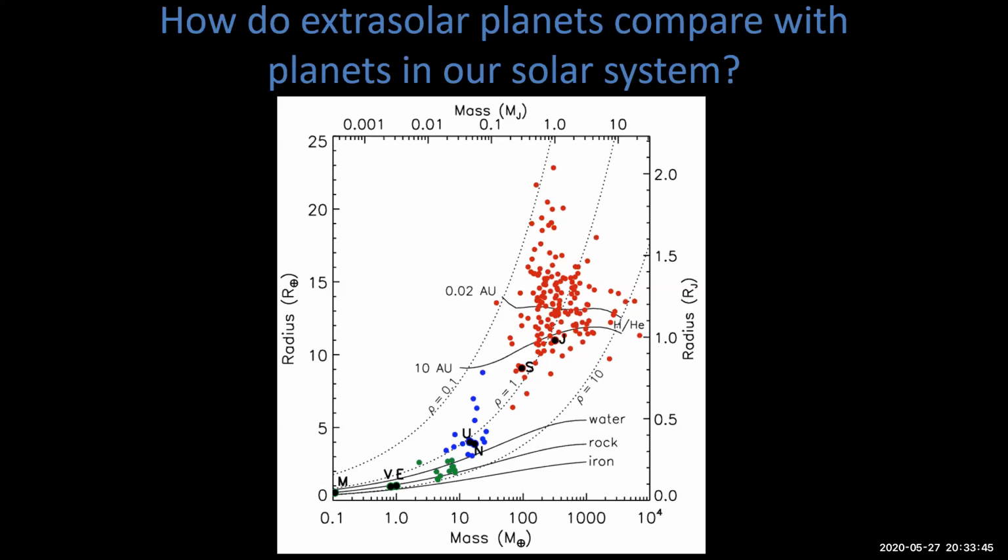You're going to have mixtures no matter what. But those would be the lines demonstrating pure planets. And so all of these green ones are our terrestrial planets or super Earths. These are the planets we would consider likely candidates for habitability. Those would be the ones to focus on.